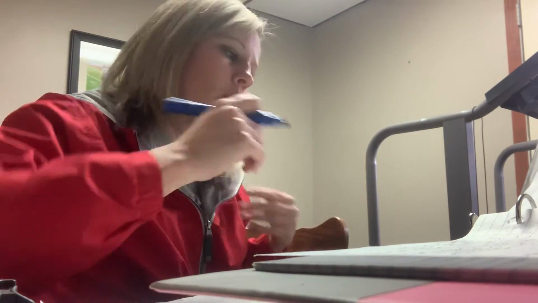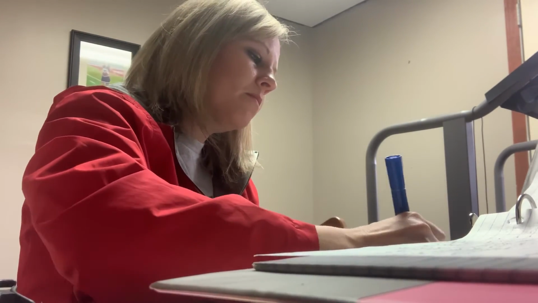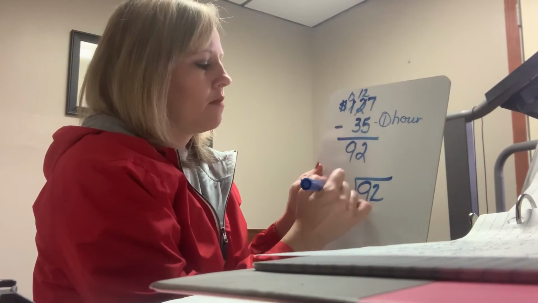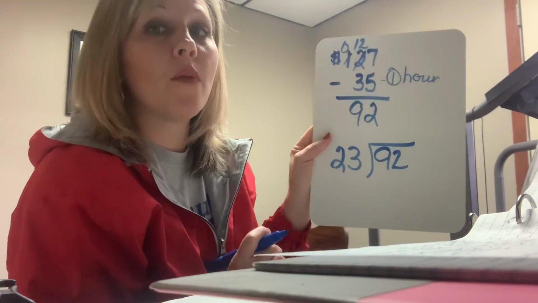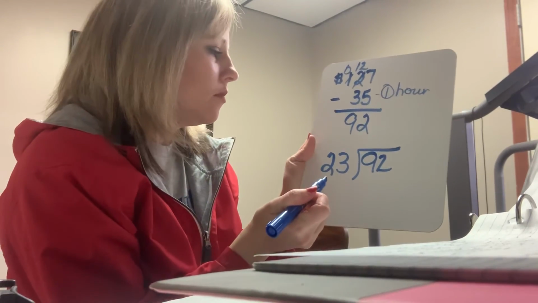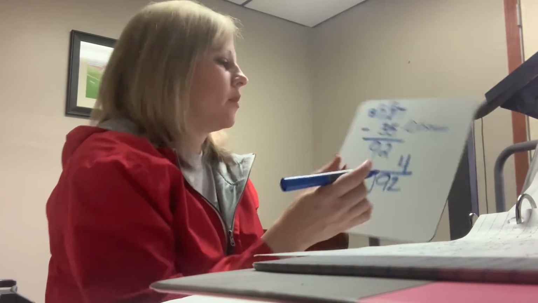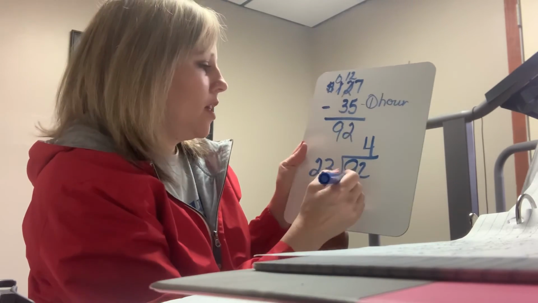And each hour after that, he was paid $23. So I'm going to take 92 and I'm going to divide that by the $23 for each hour and see how many hours I get. Okay? I know that 4 times 2 is 8. So I'm going to try 4. Okay? 4 times 3 is 12.